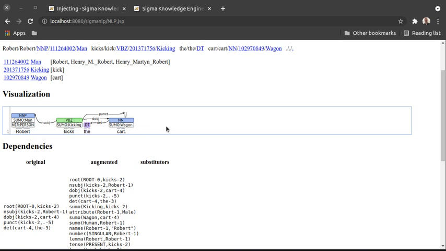Stanford CoreNLP has something called BRAT, a visualization tool that gives you a graphical representation of its dependency parses, and we've augmented that here with the SUMO term mappings that apply. Robert is the subject of the sentence, Kicking is the verb, "the" is a determiner, and the direct object is the Wagon.